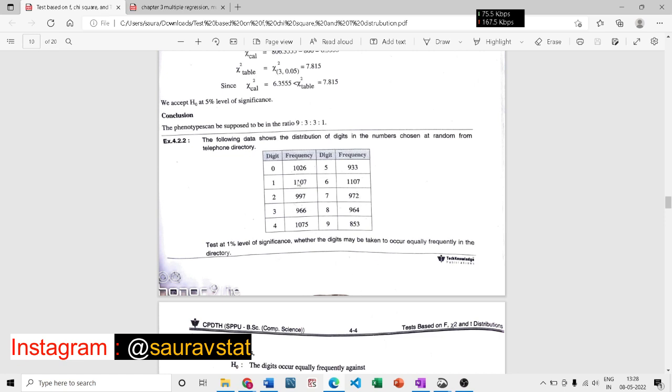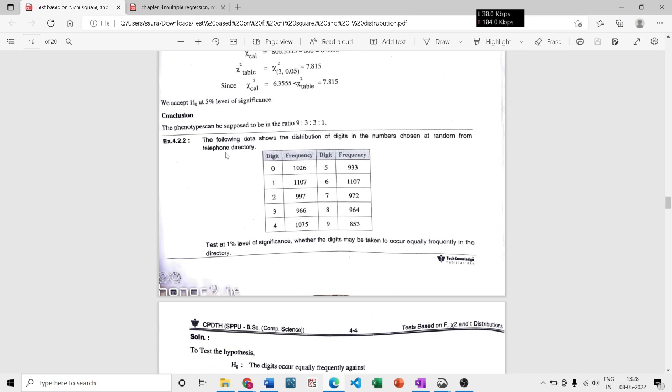Now here, the following data shows the distribution of the digits in the numbers chosen at random from the telephone directory. We have to test at the 1% level of significance whether the digits may be taken to occur equally frequently in the directory.